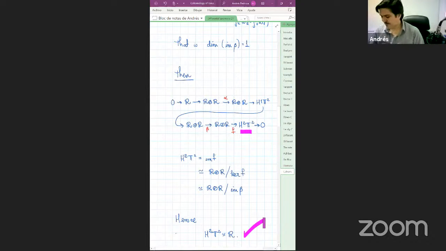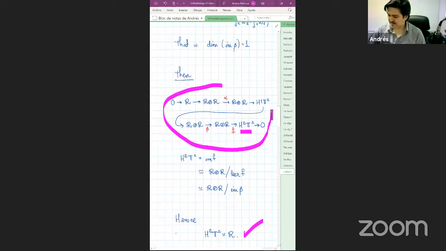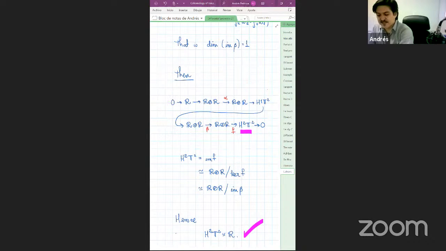Okay, so again, because this is an exact sequence, and I know all of the vector spaces that are involved, except for this one, using the alternating sum of the dimensions result, we know the dimension of this space as well. So what is the dimension of this one?